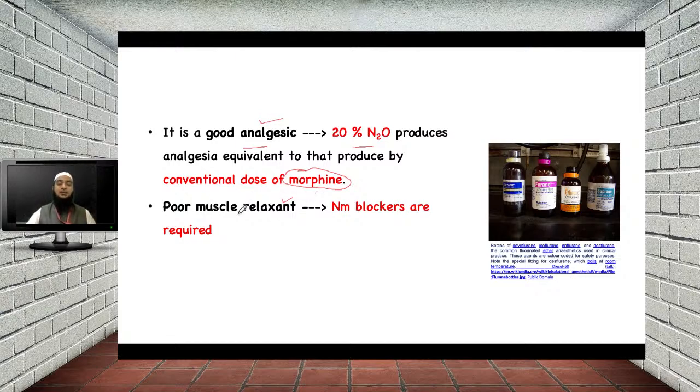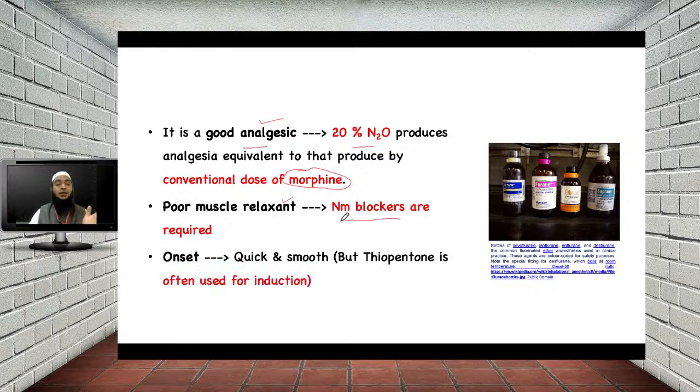Since it is a poor muscle relaxant, you need to add neuromuscular blocking agents, so that the poor muscle relaxant activity can be compensated or overcome with the help of neuromuscular blockers. So in case of nitric oxide, there is no need to use morphine, but since it has poor muscle relaxant activity, you need to add neuromuscular blockers as one of the inducing agents, right?